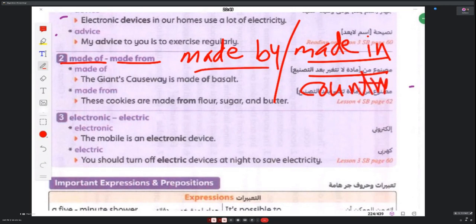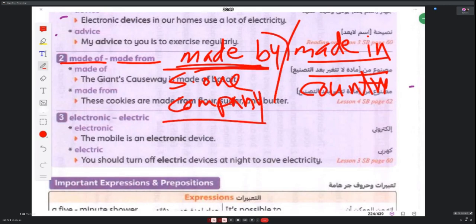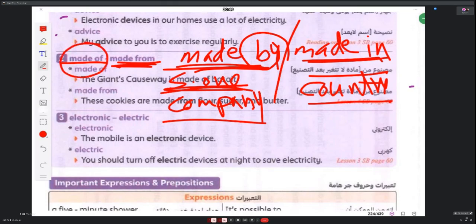Made by someone or a company. So made by is followed by a company or someone. Made in is followed by a country or a city. Made from, the material has changed into a new product. Made of, the material is still there.